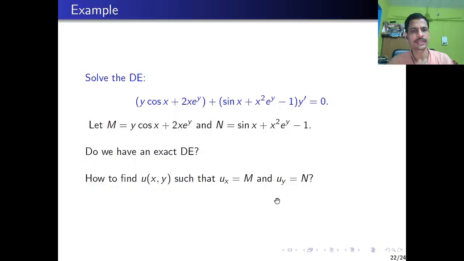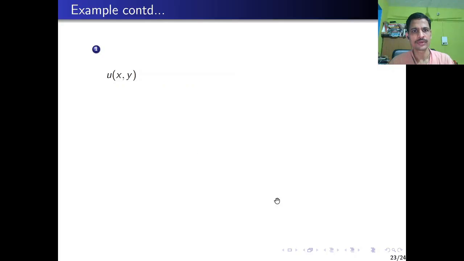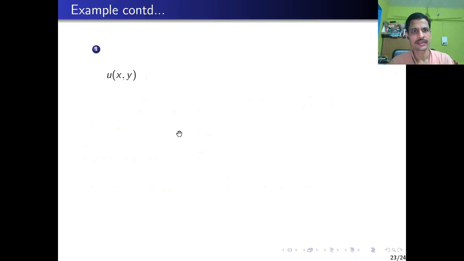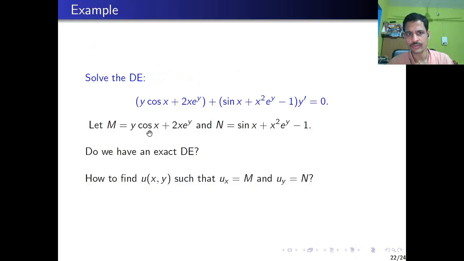to determine the u(x,y). So we have learned that method that we can apply here. So what we do, we take the M, and since del u by del x is M, we integrate M with respect to x. So that will give you u(x,y) is equal to the integration of M. This is precisely the M that is given. So M is y cos x plus something.